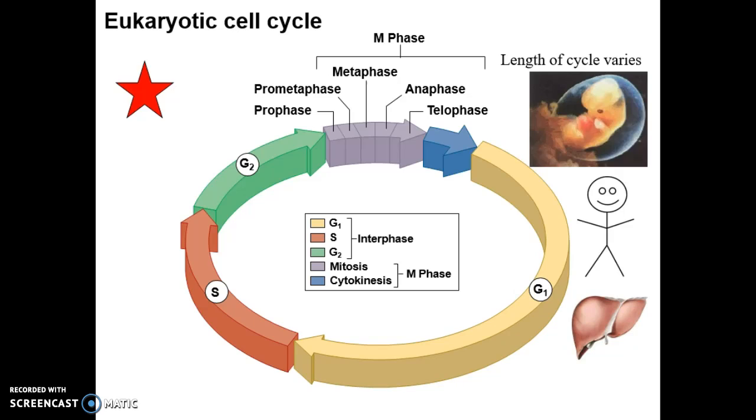So if the cycle is meant for growth, healing the body, building new structures, repair, etc., if it takes a year for one cell to turn into two into four, it's going to take a very, very long time for that structure to heal if it's made up of cells that move very slowly through this process.